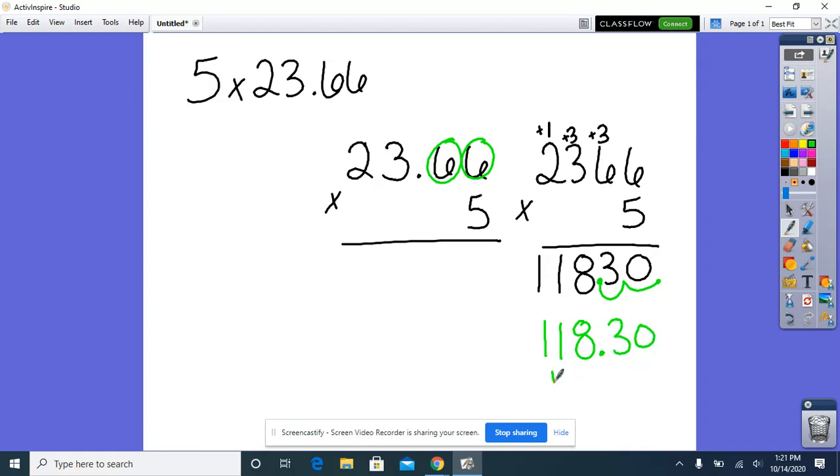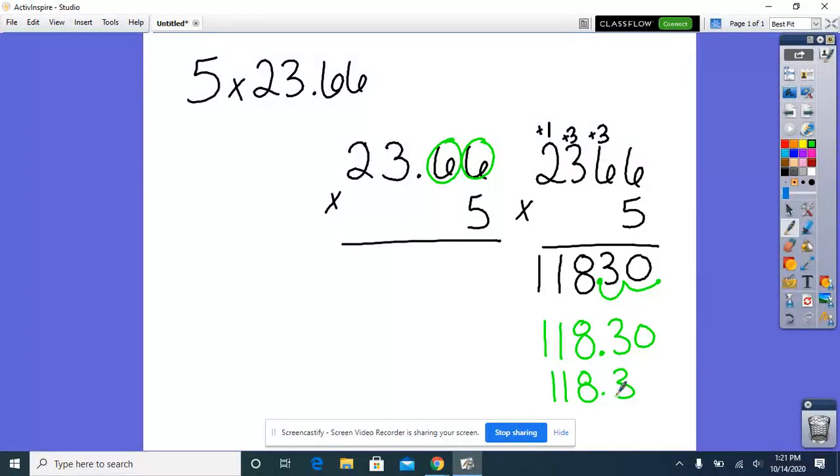You can write it like this or this. So we've got 118 and 30 hundredths, or you can write it as 118 and 3 tenths. Okay, so you just need to remember those steps, and it will be pretty easy sailing.